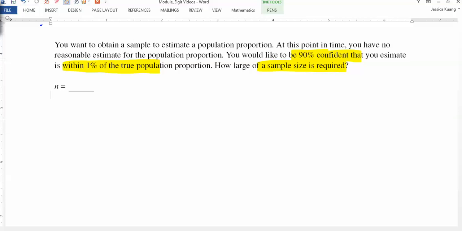Notice, unlike the previous example, we do not know the point estimation, which means we have to guess.